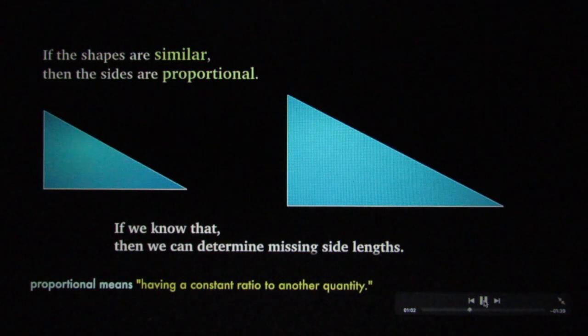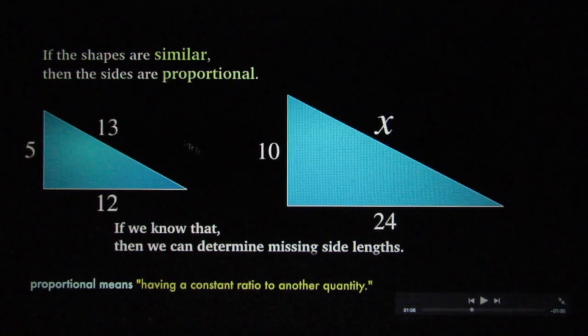We'll add some numbers now. Okay, so we have all three sides of this right triangle, but we only have two of the sides of this right triangle. So we will be able to solve for this side knowing that the shapes are similar or proportional.